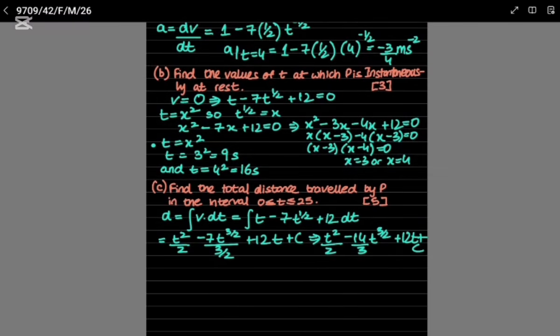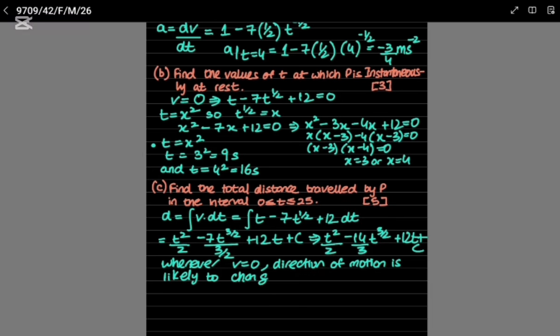Now, they have actually helped you out because in part B we have found that the velocity becomes 0 at t is equal to 9 and t is equal to 16 seconds. And whenever velocity is 0, let me write this, whenever v becomes 0, direction of motion is likely to change.